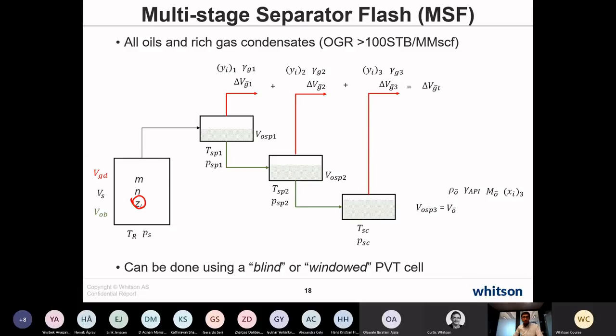So the way the experiment is done, we have the PVT cell, and then we have the total composition, the mass and moles of the total composition, in the PVT cell at the reservoir temperature.